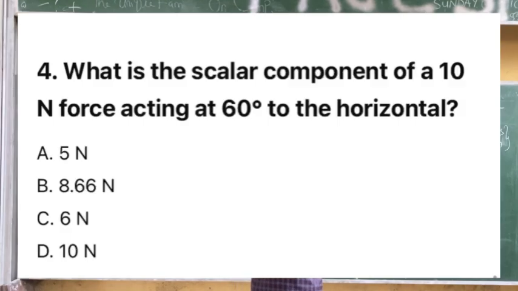Question 4 says, what is the scalar component of a 10 Newton force acting at 60 degrees to the horizontal?